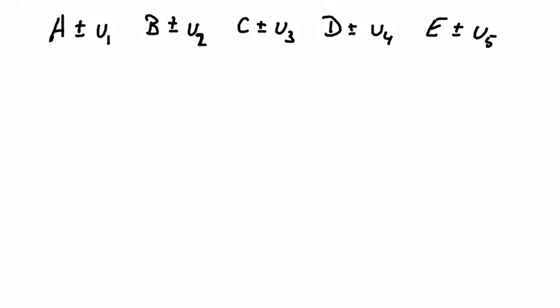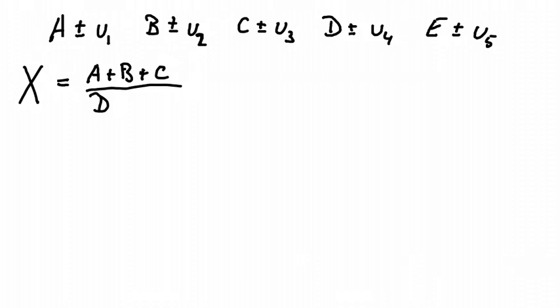And let's say we want to find out what the measurement and the uncertainty is if we have, for example, something like, let's call our measurement x equals a plus b plus c divided by d times e.